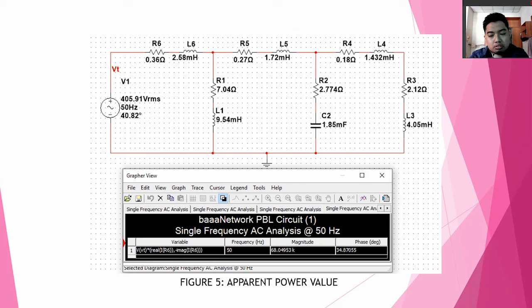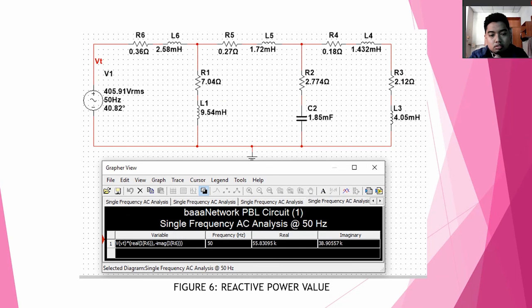This shows the apparent power value for the power factor of 0.82 from the initial circuit. The formula to get the value is written in the table in the single frequency AC analysis on the variable table, on figure 6.